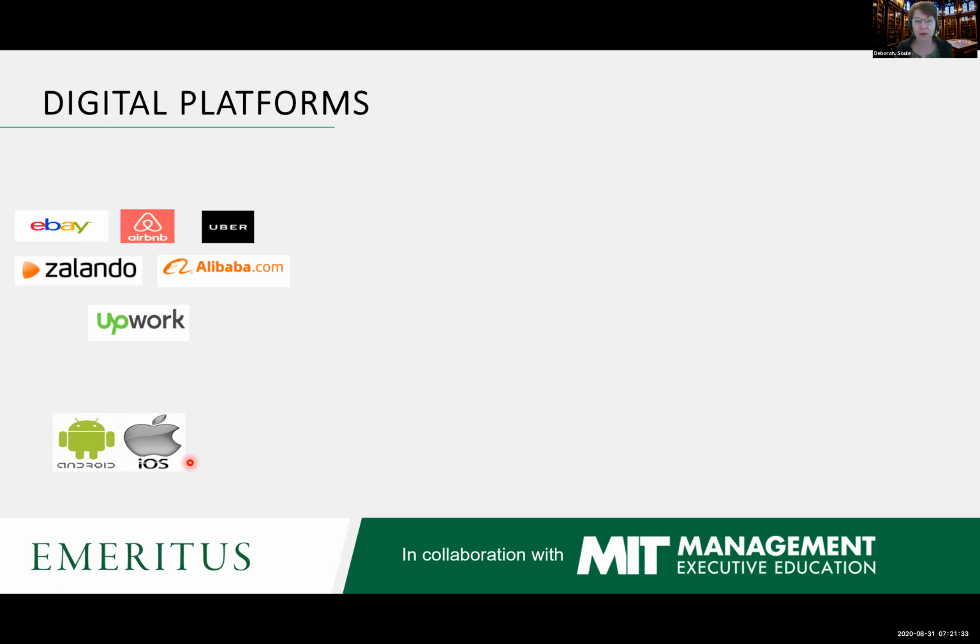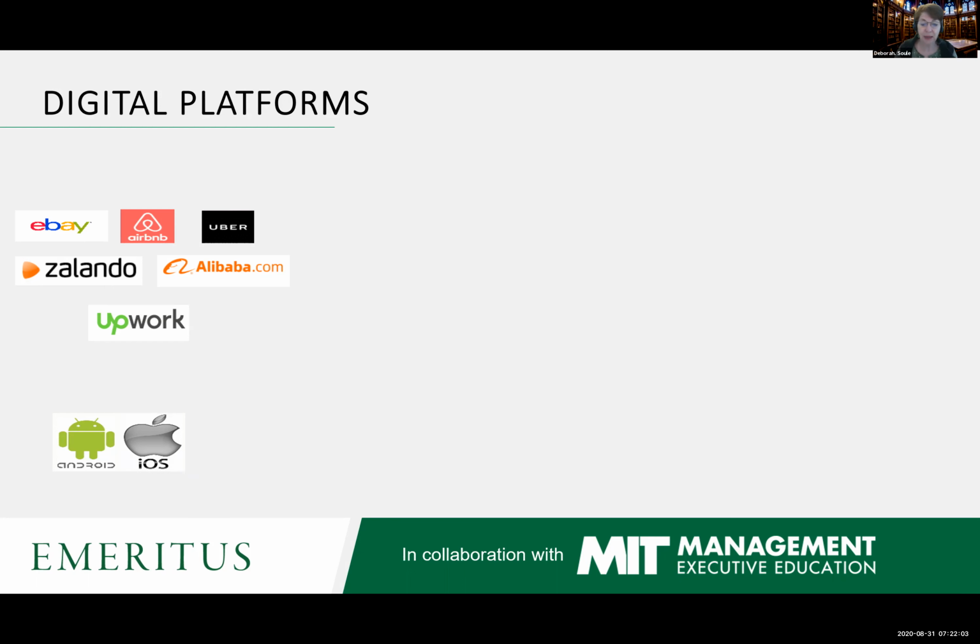So if you think about the iOS platform or the Android platform, app developers can develop apps for those platforms, and by developing on top of that platform, they are offering something valuable to any user whose device is using that platform. So that's another way that you're connecting providers of apps with users of apps.